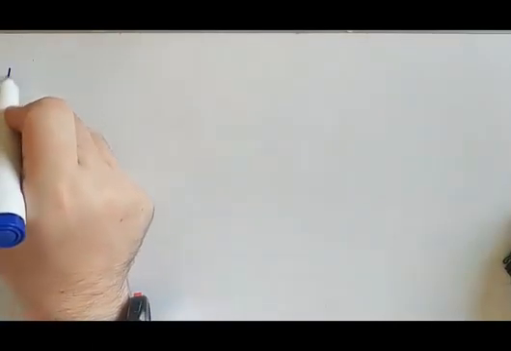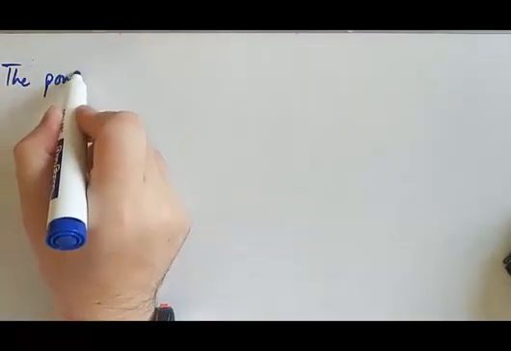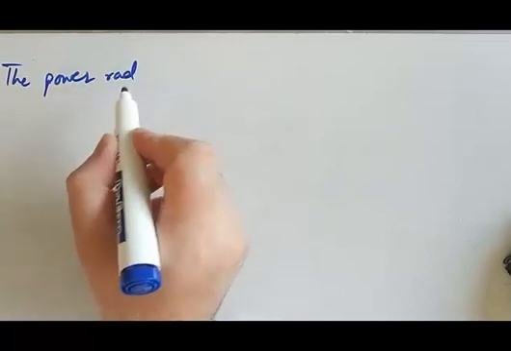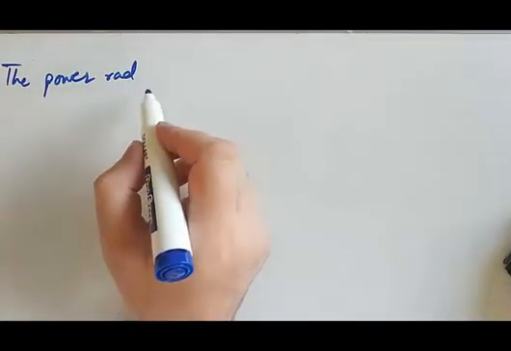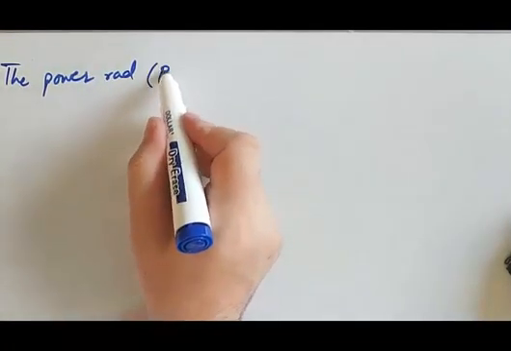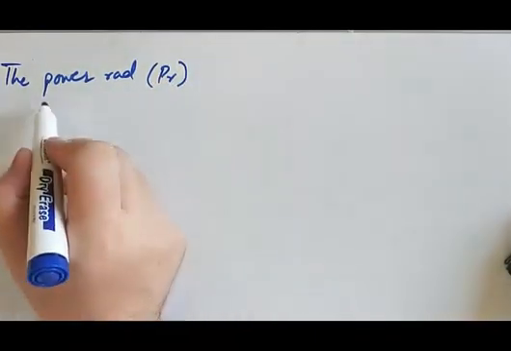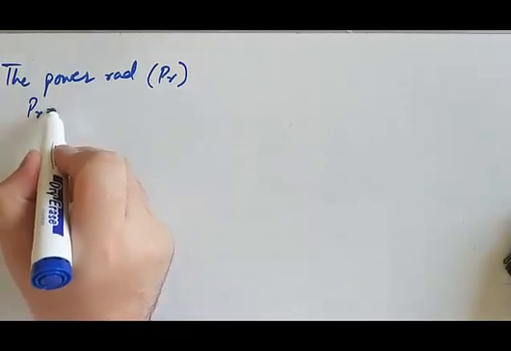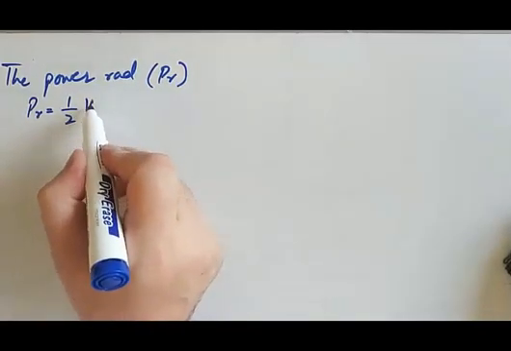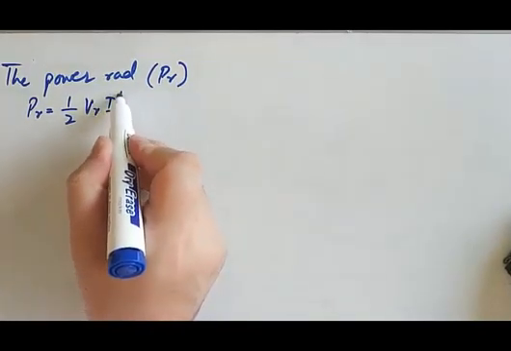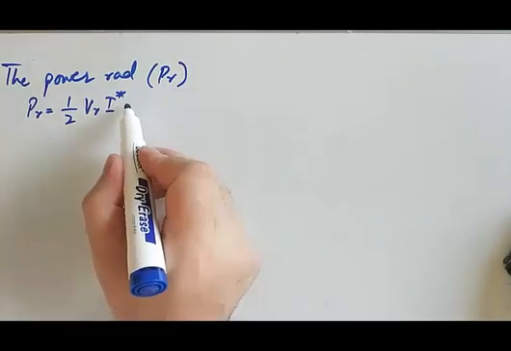So the power radiated by the antenna, let us denote it by PR, as I discussed previously as well. So it may be written as PR is actually equal to half of VR and I star.